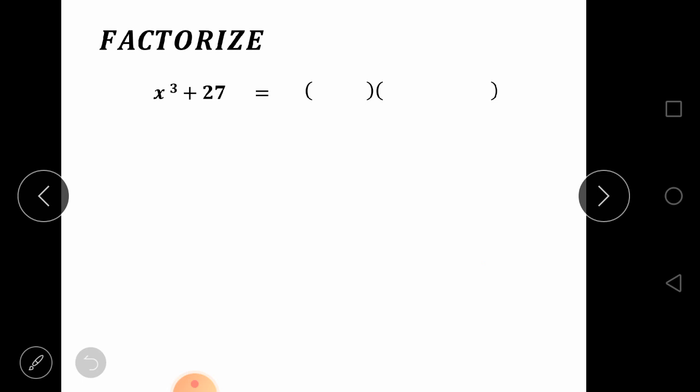The first bracket has a positive sign, the second one is negative, and the other is positive. So we analyze 27 into 3 cubed. So we have x and 3, x and 3. And here we have x squared, and the last one is 9 because it is 3 squared, and the middle one is 3 times x.